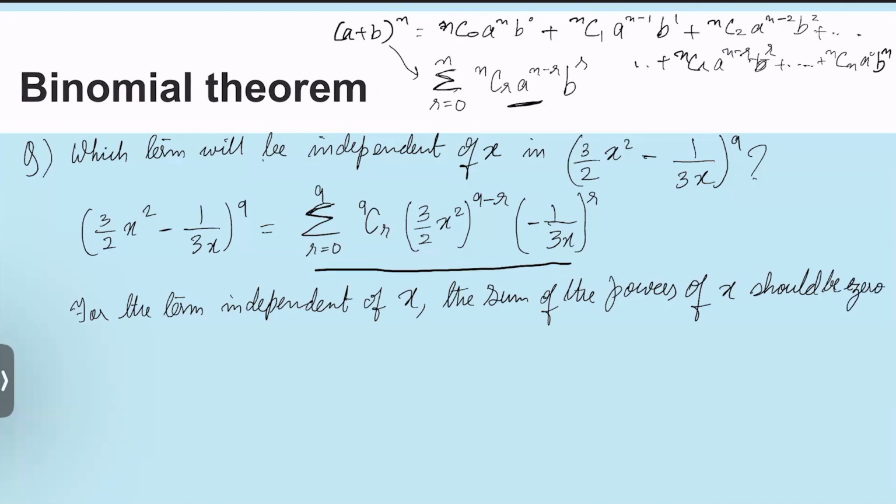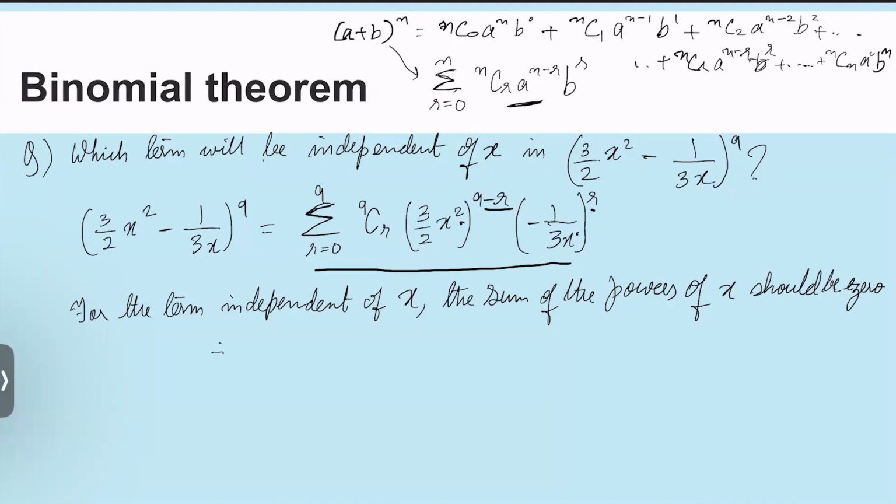Okay. So now over here you can see that your a already has x raised to 2, x squared, and you have x raised to minus 1 in the b term. So the sum of the powers of x during the expansion should be equal to 0 for the term which is independent of x.